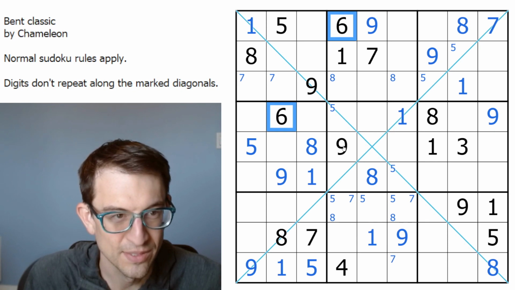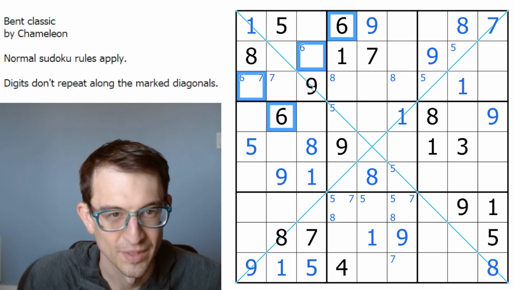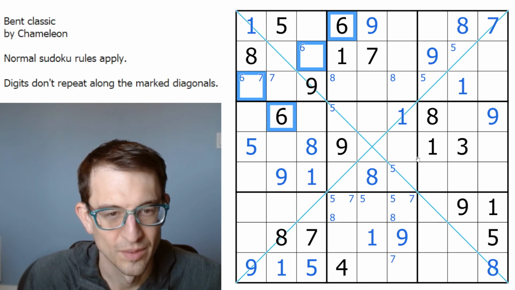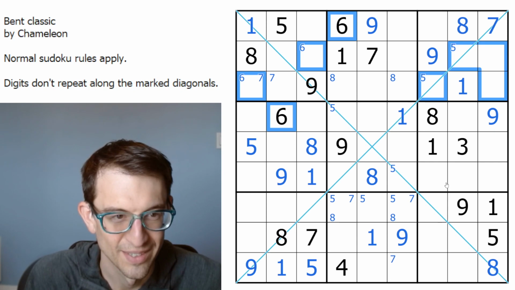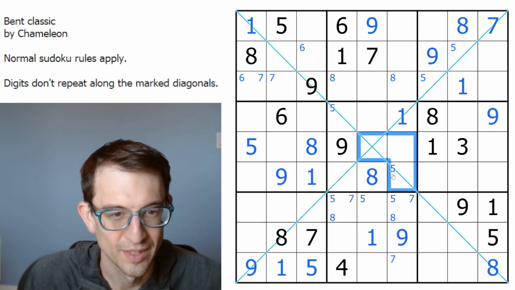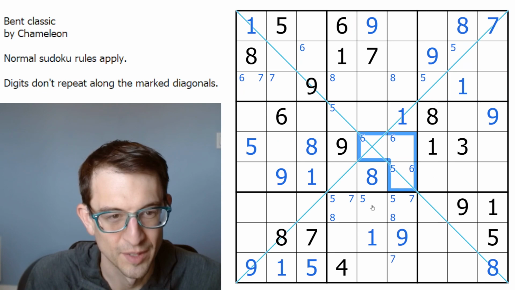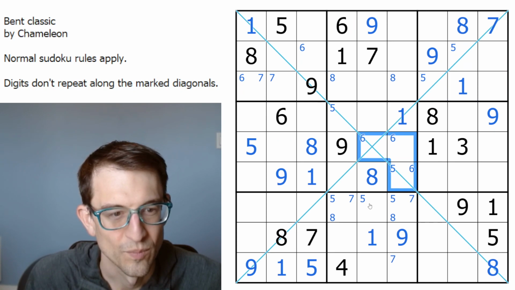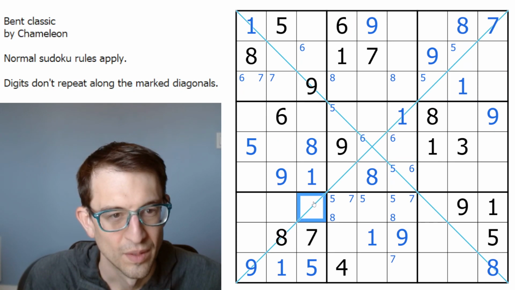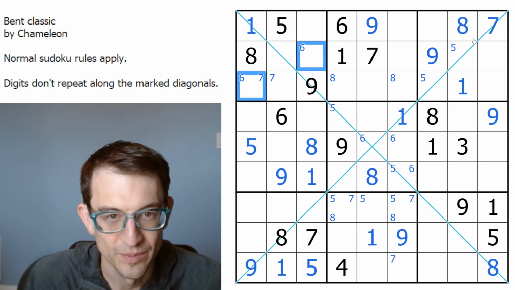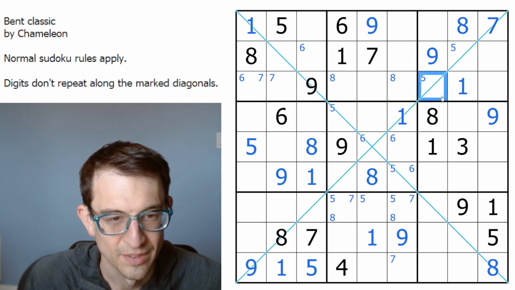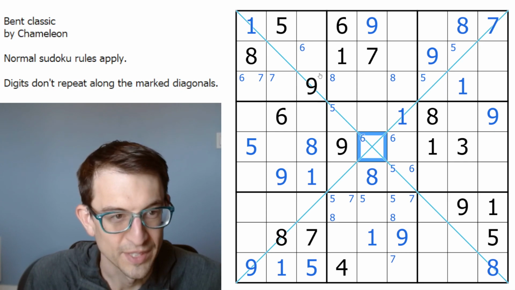So back to 6s. I am going to mark this one this time. And then where does 6, I mean, there's just so many places 6 could go. I'm drawing a box 5 here, and I'm thinking about where 6 can go on the diagonals. I'm wondering if 6 might be in the middle.